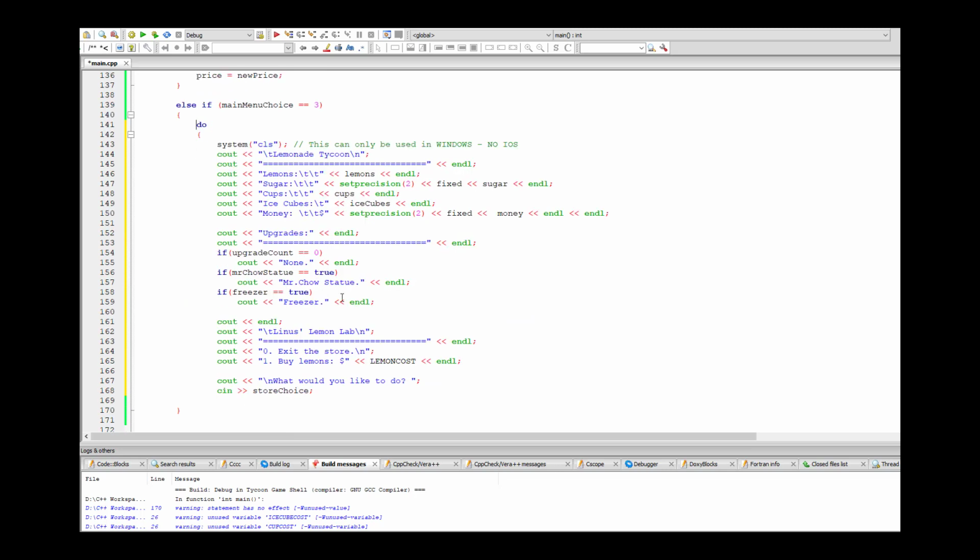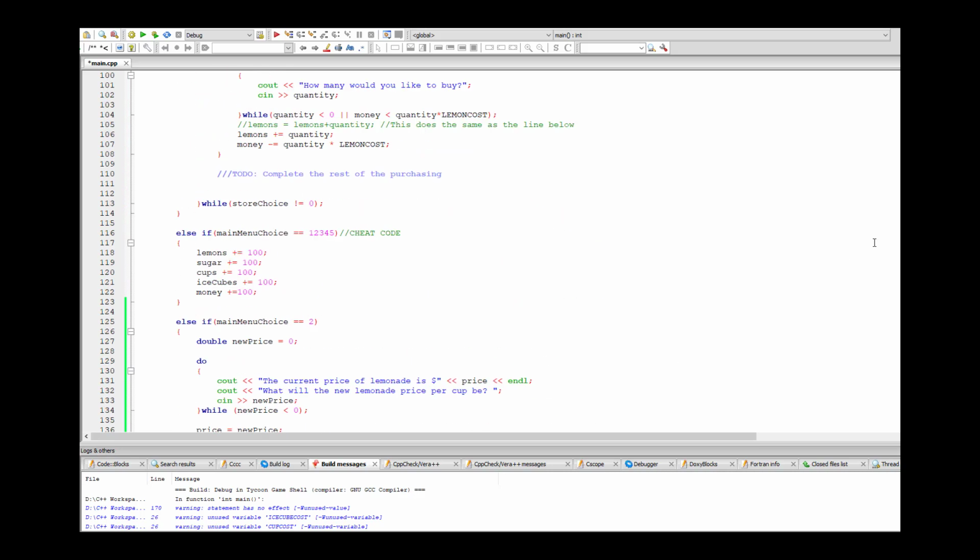Okay, so instead of Linus's upgrades or Linus's Lemon Lab, we'll have, I don't know, Ursula's upgrades. All right, so when you're going to Ursula's upgrades, instead of option 1 being to buy lemons as it is in the store, we're going to say buy a freezer.